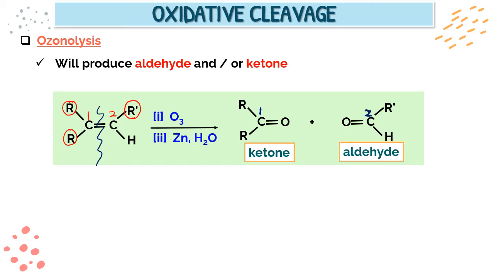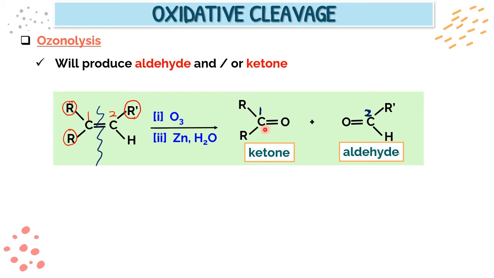At the point where the bond breaking occurs, we add a carbon double bond O. So the oxidation occurs here. As you know, in oxidation we have an increase in the number of oxygen. So the product, one will be a ketone and the other one will be an aldehyde.